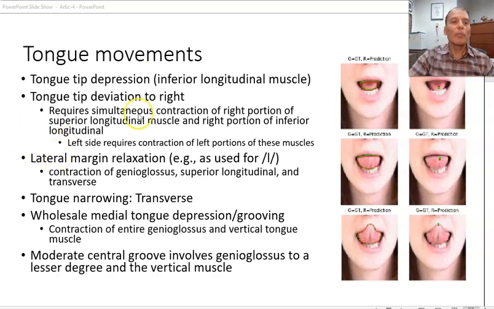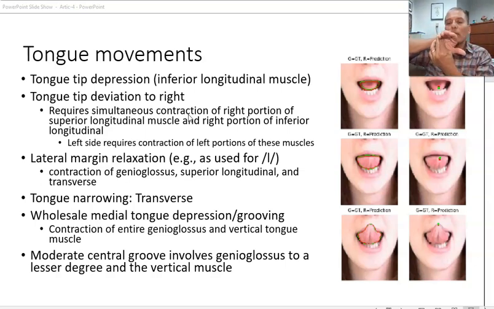For tongue tip deviation to the right, you are going to need the simultaneous contraction at once of these muscles: the right side of the superior longitudinal and the right side of the inferior longitudinal.